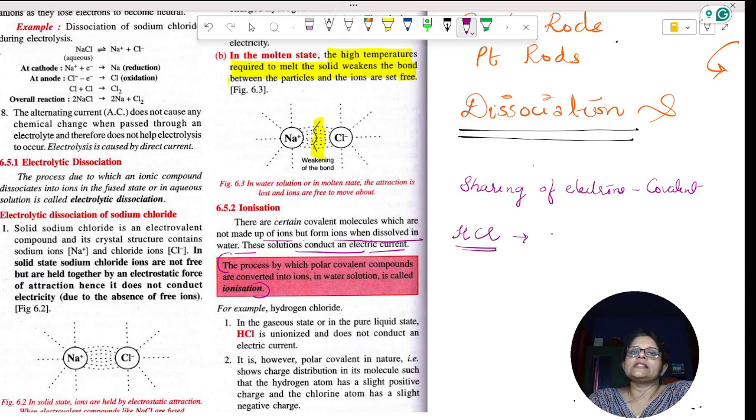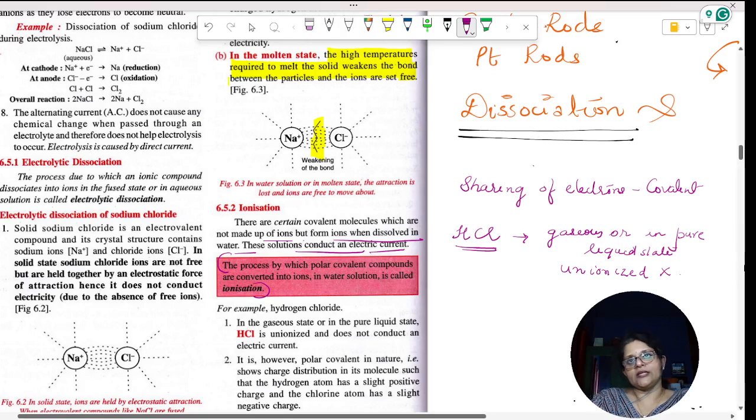HCl in its gaseous state or in pure liquid state is unionized. There are no ions already. It is completely unionized and it does not conduct electric current.